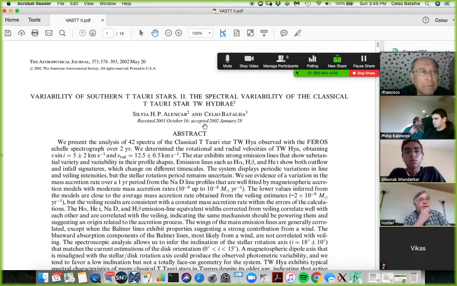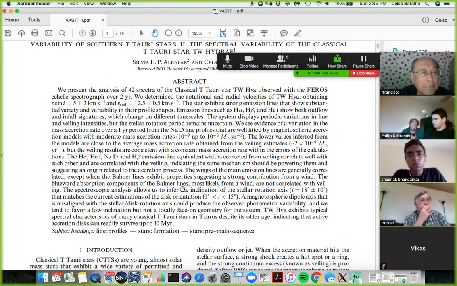Modulations that are periodical, especially over several, yeah, it's right here, over some sufficiently large times. Oh, wait a second. She put it: the spectroscopy allows to infer the inclination of the stellar rotation, between 0 and 15 degrees. So I don't know how she did that.